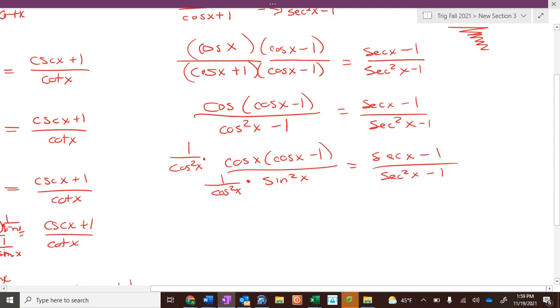What that does is a cosine from here cancels with the cosine of here, and I have 1 over cosine of x times cosine of x minus 1 all over sine squared of x over cosine squared of x.